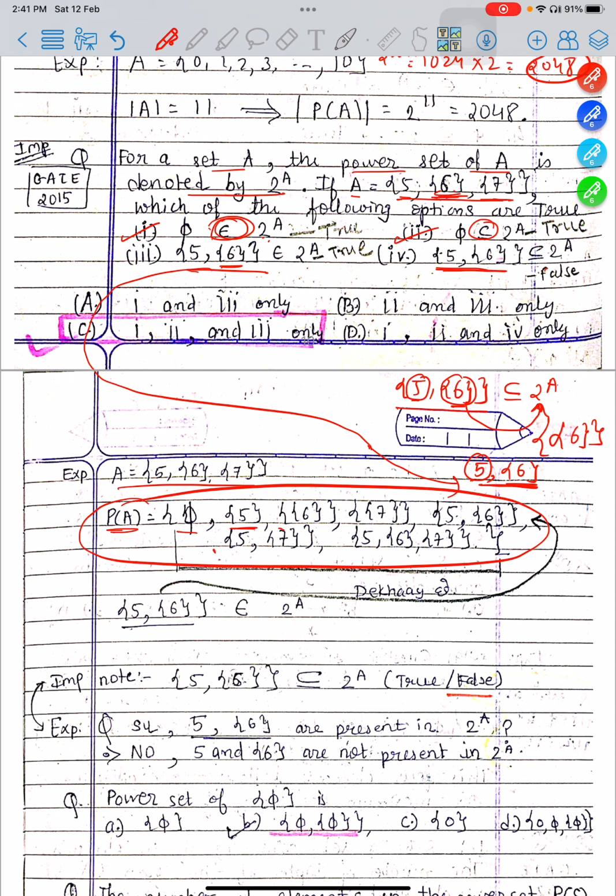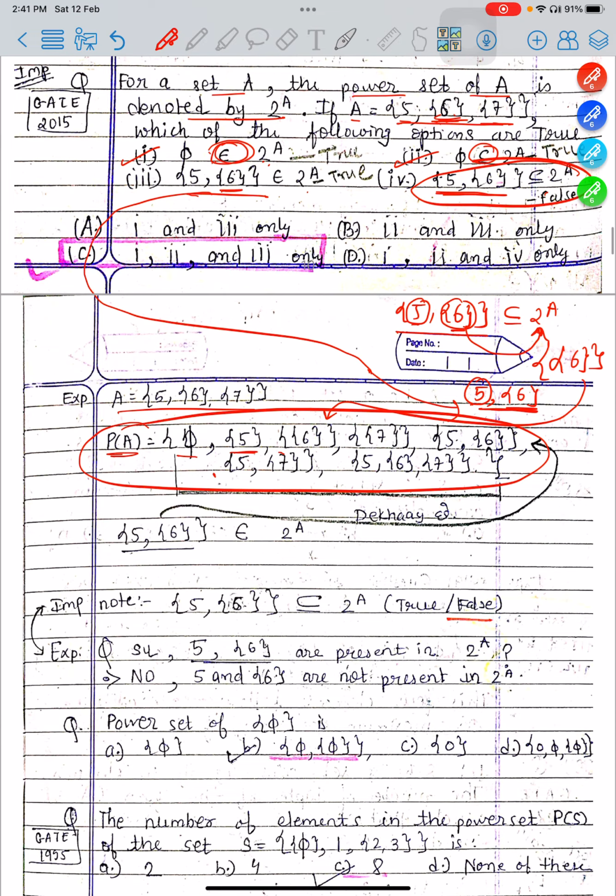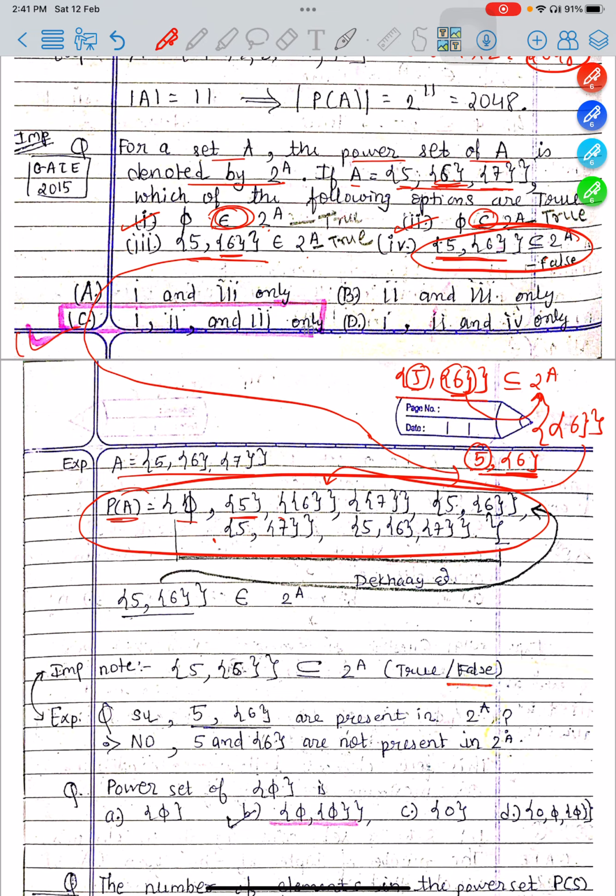Only {{∅}} is visible, which is over here. So this statement is therefore false. So we were asked to find the true statements: 1, 2 and 3.